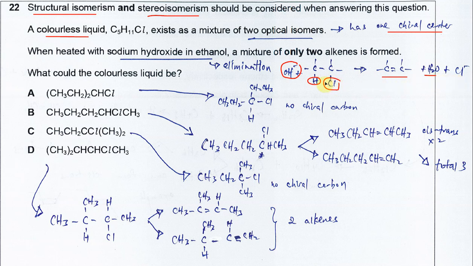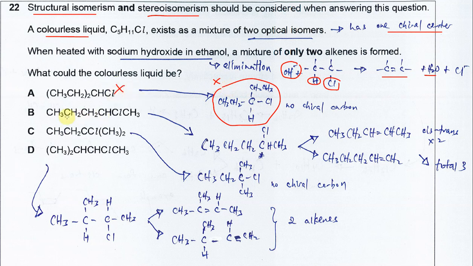So the key again is the adjacent carbon must have hydrogen. Okay, so A, with the formula given, looks something like this. From here we know that there is no chiral carbon in this molecule, so this is not the answer, it's out.